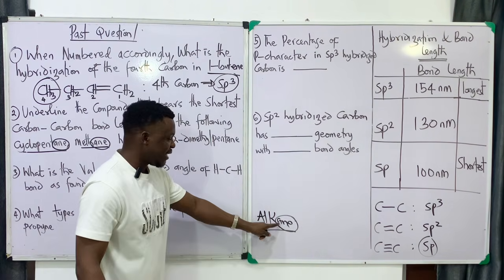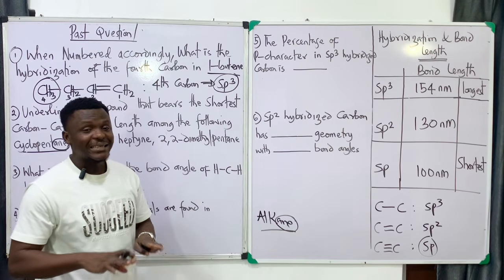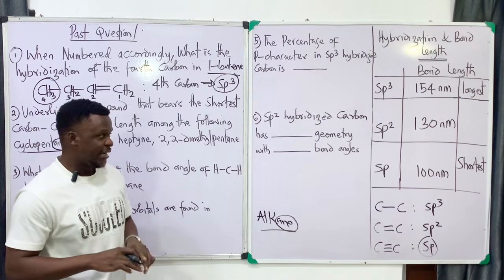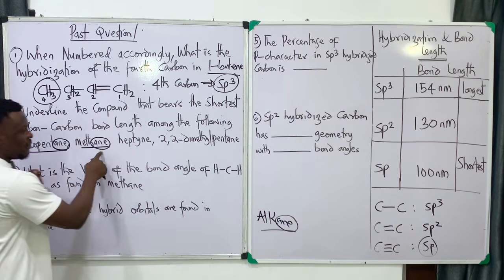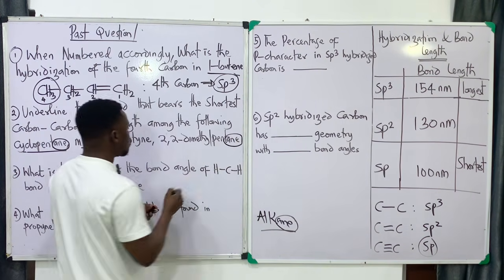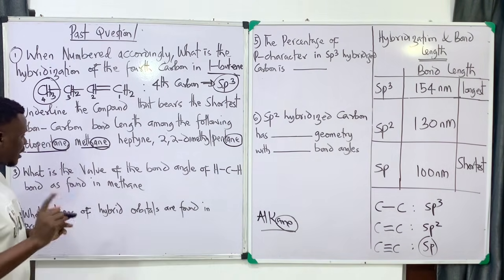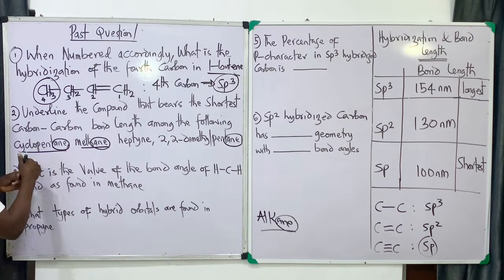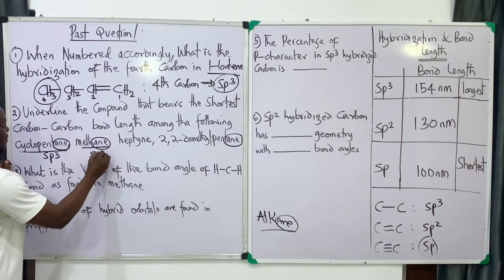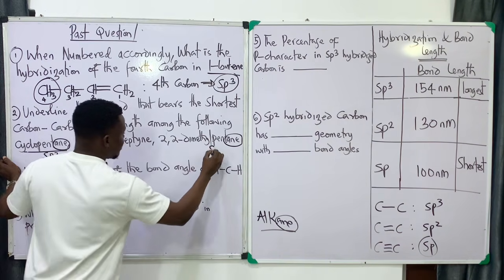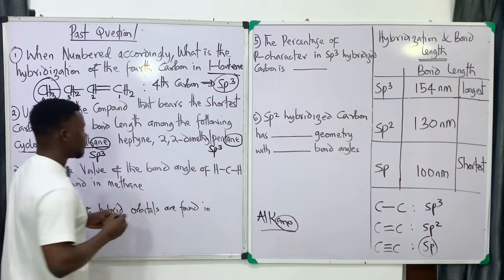Any compound that ends with ane is an alkane, that is sp3 hybridized carbon. So this is cyclopentane, methane, and 2,2-dimethylpentane. Class, this is sp3, this is also sp3, and this is also sp3.